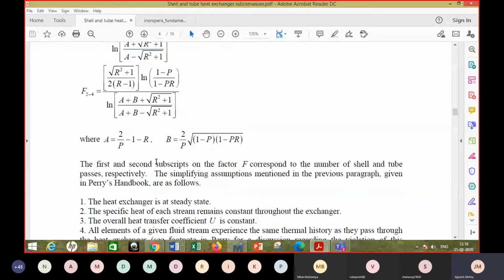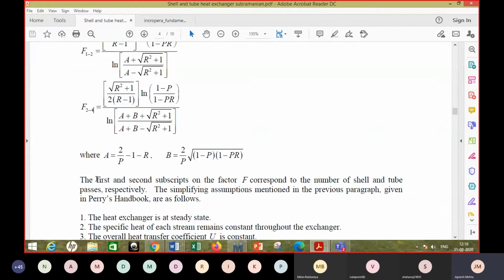Okay. So, as I just told, the first subscript and the second subscript here show the number of shell passes and then the number of tube side passes, the second one. Accordingly, depending on the configuration in your case, you have to use the right formula or right graph.